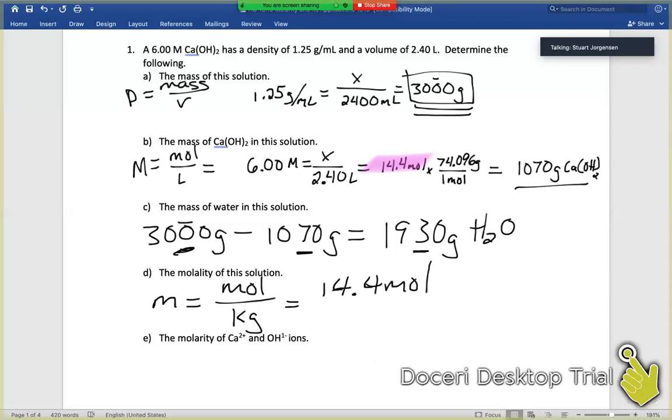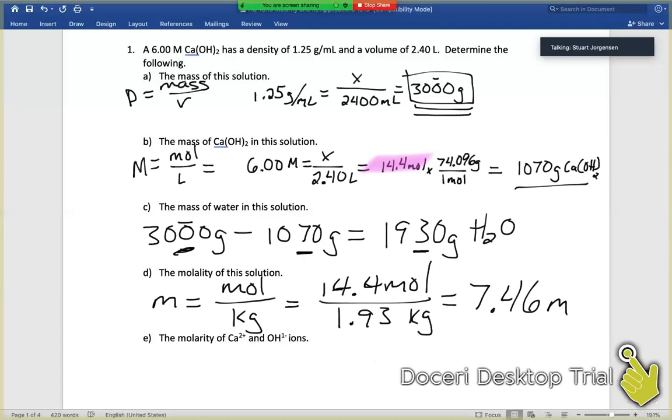We just found our mass in grams. Quick conversion turns us back into 1.93 kilograms. Moles divided by our kilograms here gives us a molality of 7.46 molal is how you would say that little m for our solution concentration.